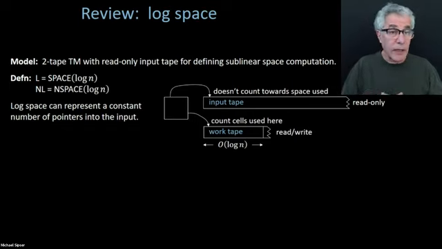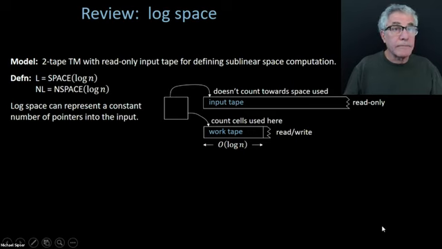Then you have a work tape, which is your local memory. And the way we're going to think about it in the context of log space is that the work tape is logarithmic in the size of the input. And that is enough to have small counters or pointers into the input, because to reference a location of the input you only need log n bits to do that.